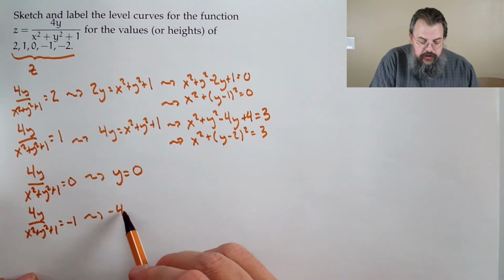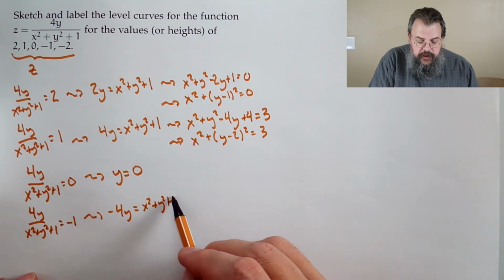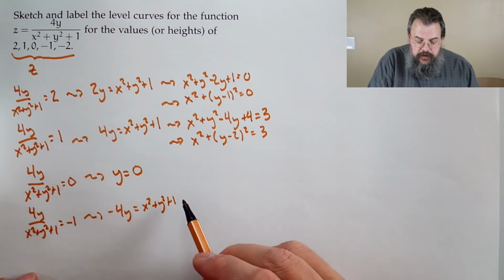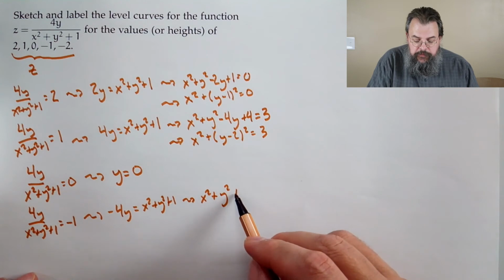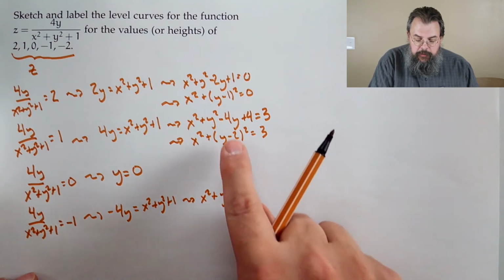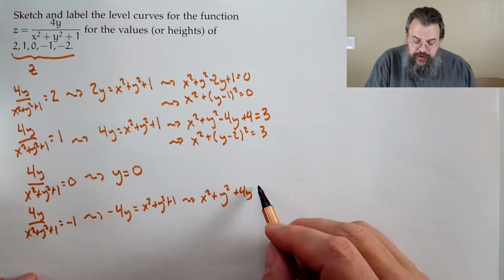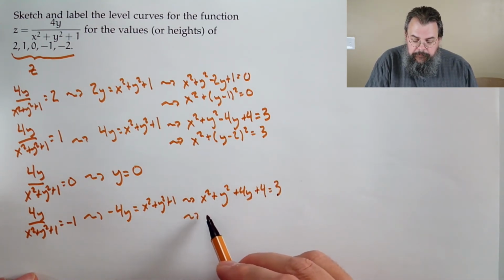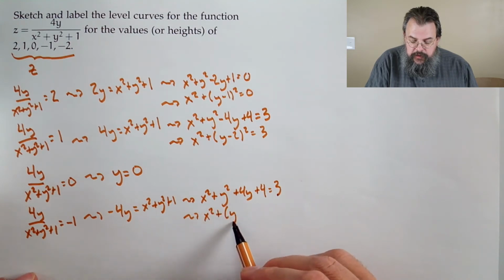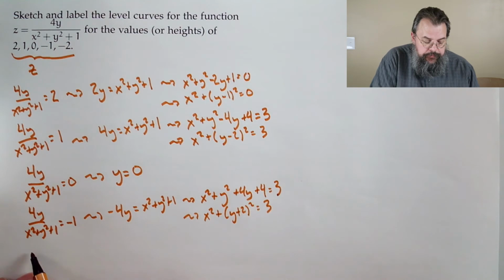Well, you can see there's not much that's going to change other than the sign. And so it's going to feel very similar to what we did above. So instead of being minus 4y, it becomes plus 4y, but you still do the same, add 4 equals 3. Or x squared plus y plus 2 squared equals 3.